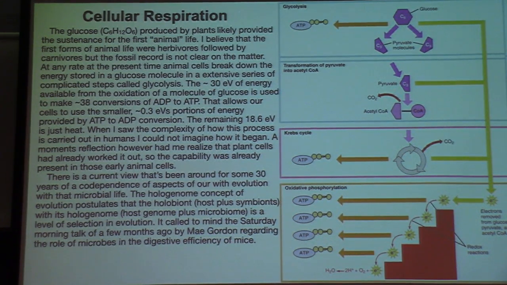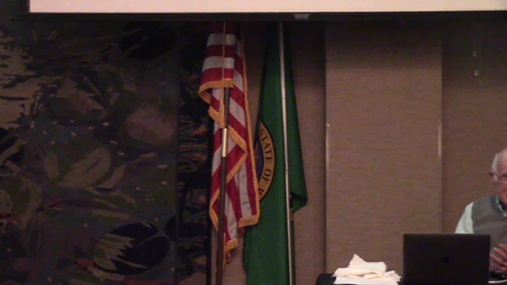At the present time anyway, when you look at how an animal cell breaks down the energy stored in a glucose molecule, it's glycolysis, a series of incredibly complicated steps. I think if I counted them all, there's something like 30 steps.